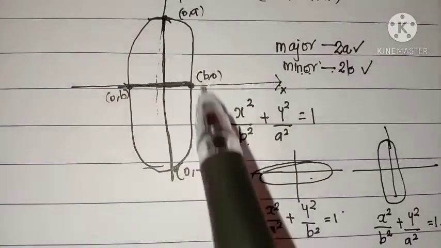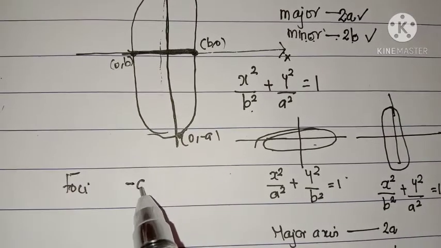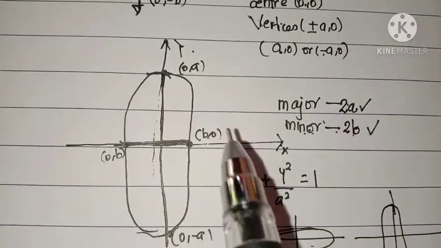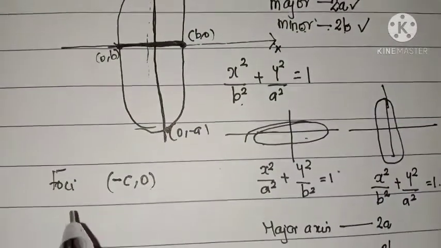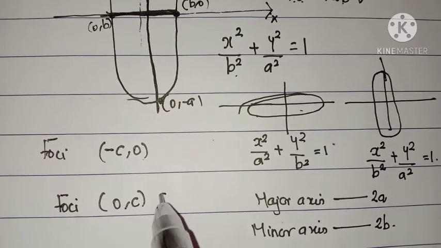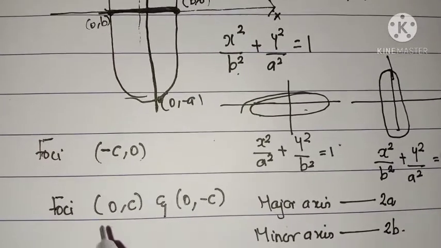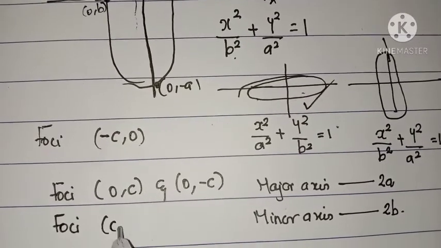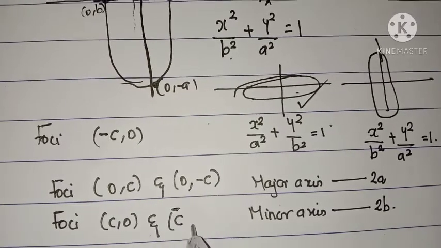Another thing is that in this case, we can define the foci as minus c, 0 and c, 0.